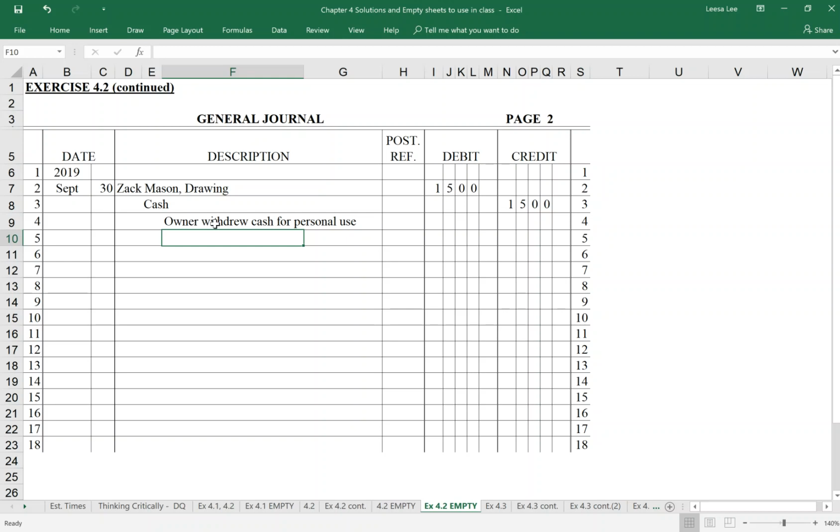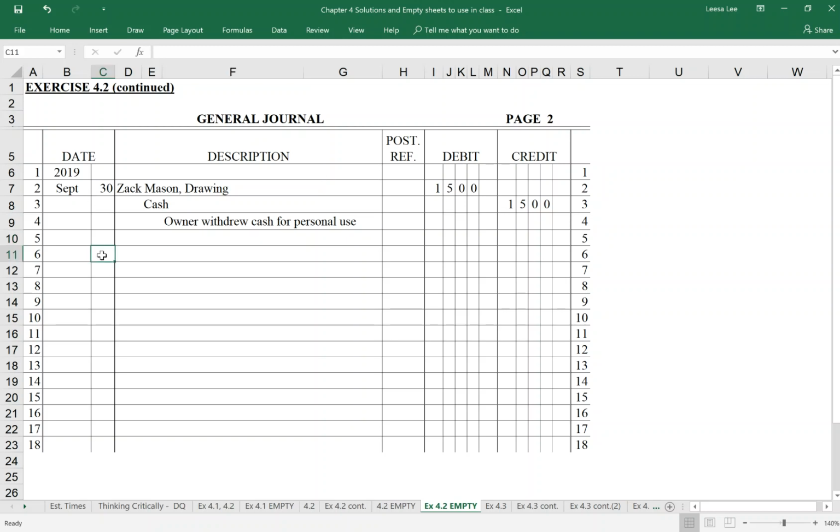That's like mixing up personal and business, so you can't do that. But it is fine for the business to give Zach cash, then he deposits it in his own account, and then he can pay his car payment out of his own account. That is important. That's an important part of bookkeeping, that you keep things straight. Okay?